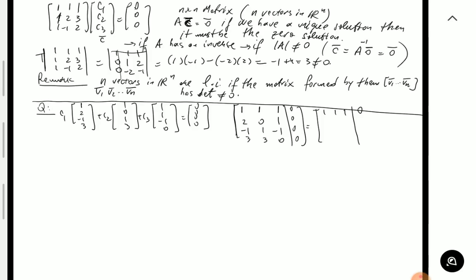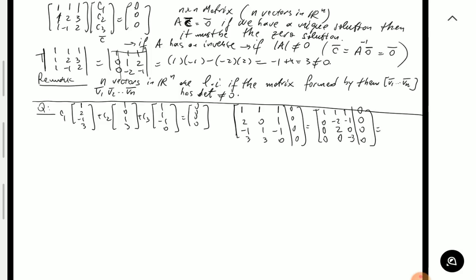So make zeros below the first one. Minus 2 row 1 plus row 2. That gives me 0, minus 2, negative 1 and 0. Add row 1 to row 3. We have that. Minus 3 row 1 plus the last one. Minus 3, negative 3 and 0.